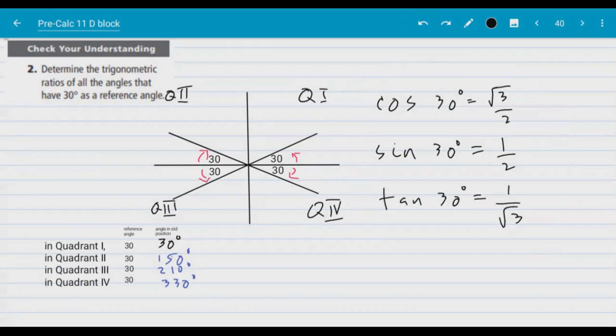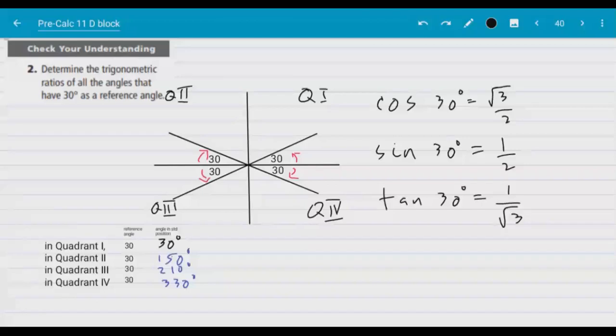So, in quadrant one, wherein all of the trig ratios are positive, cosine of 30 is root 3 over 2, right here. Sine of 30 is 1 half, right here. Tangent of 30 is 1 over root 3, right here.